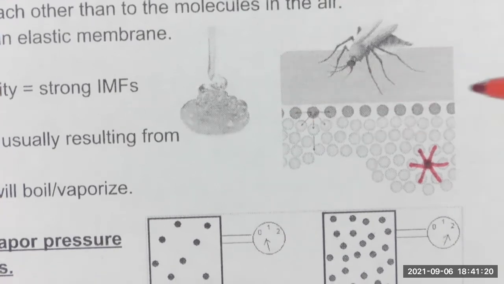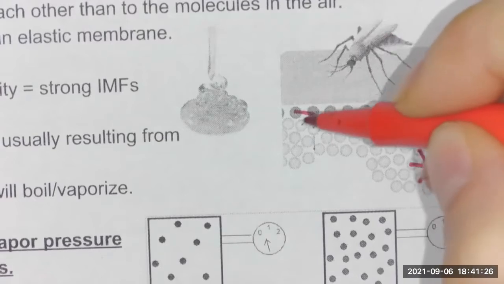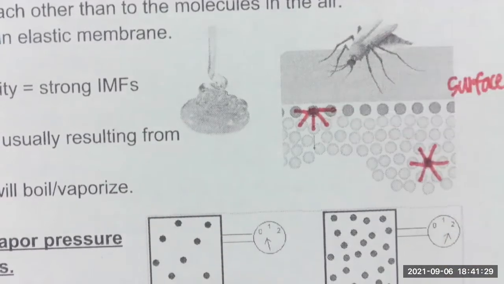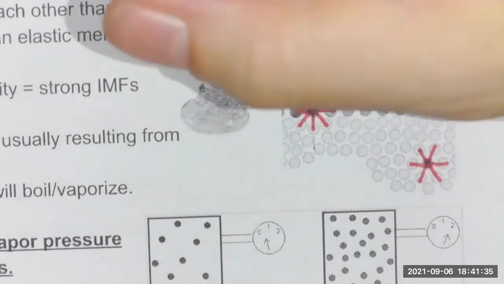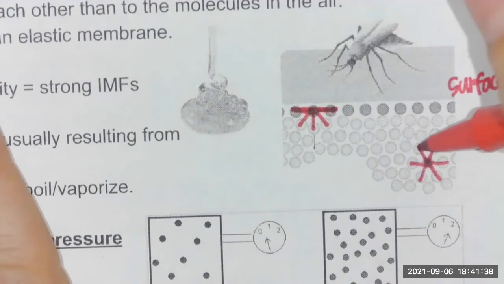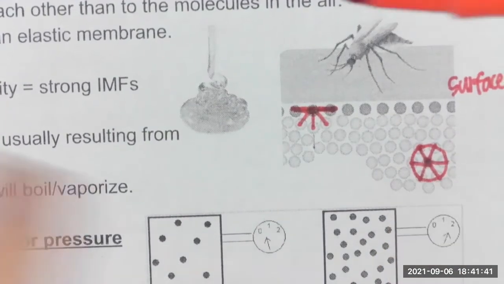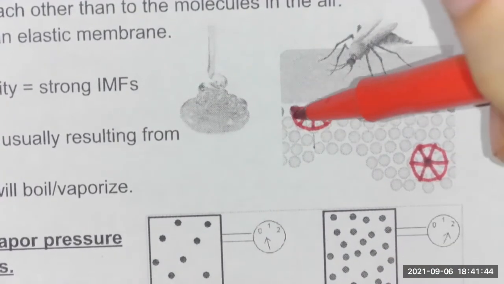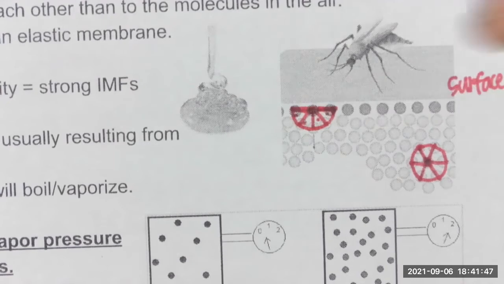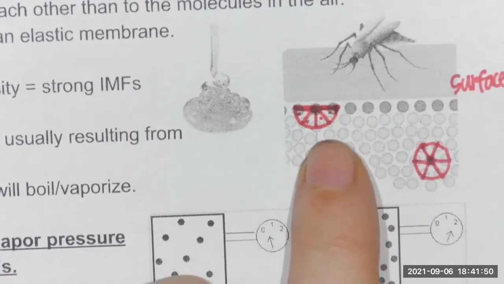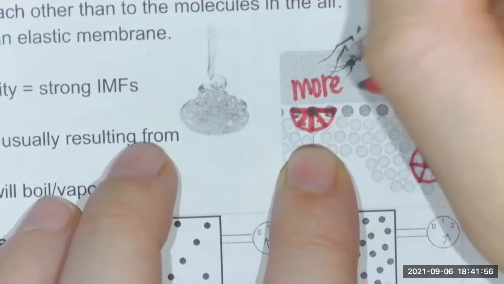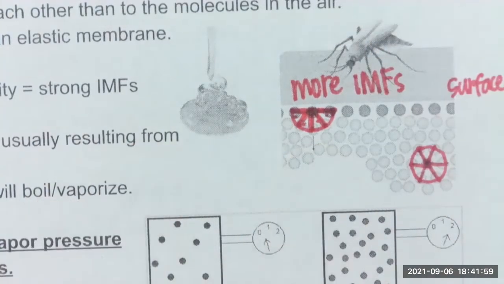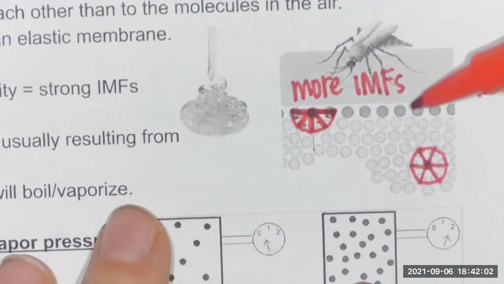When you get to the surface, this is the surface of the water, notice that it's like neat. There's like less interaction. It's like more squishy, because in the full circle, we had like a 6 spoke. But now in a half circle, we've got like 4. So if we were to complete this, it'd be like 8. So on the surface, there's like more IMFs. And that allows the bugs to like walk on the top.